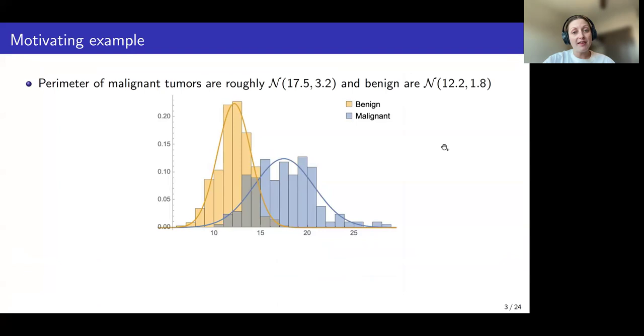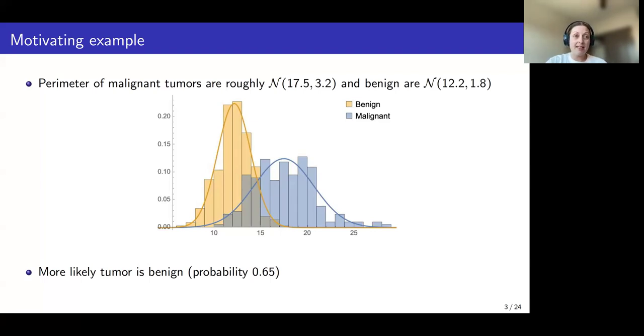With this, we can look at these Gaussians and estimate that a tumor here is more likely to be benign, and moreover, we can say with some confidence that likelihood, in this case with probability roughly 0.65.